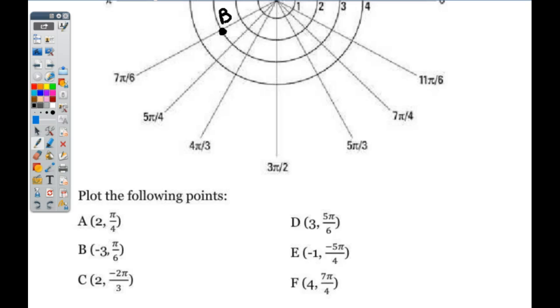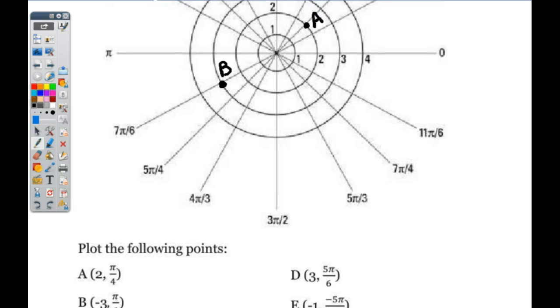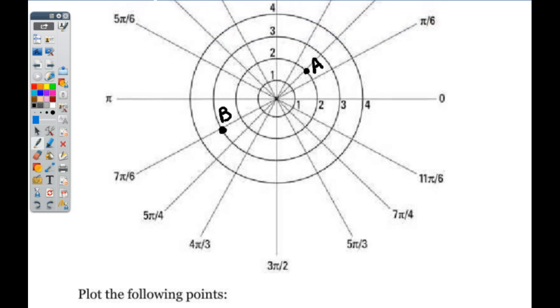So negative 120. 105 and 120 are not the same. Okay, so if I'm going negative 120, this is negative 90, and this is negative 120 then. This is another 30 degrees.